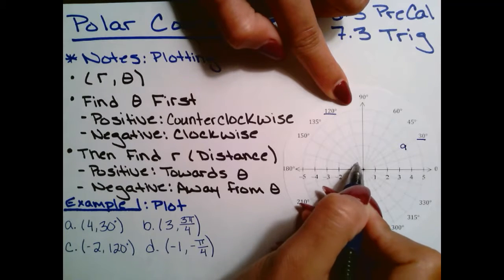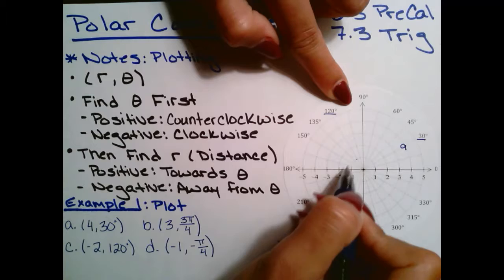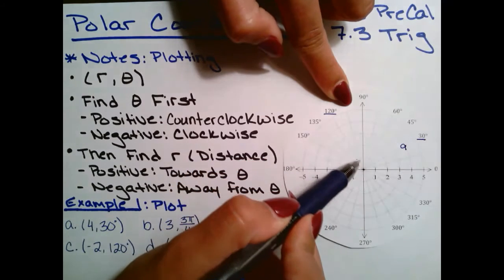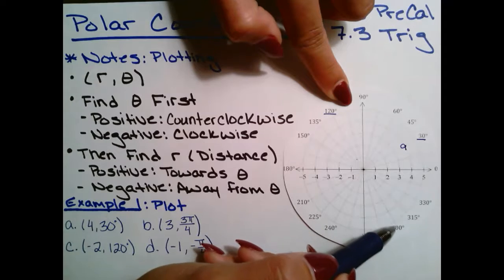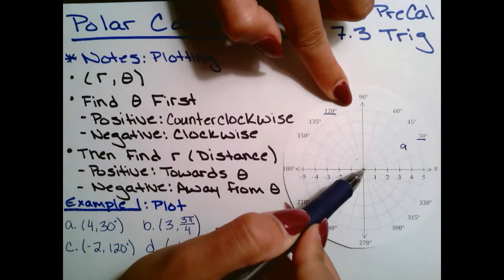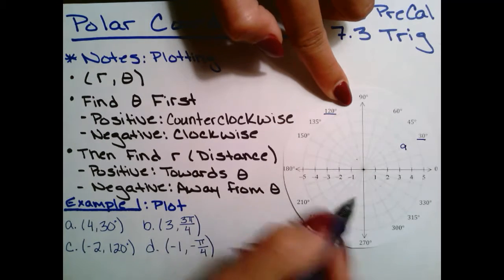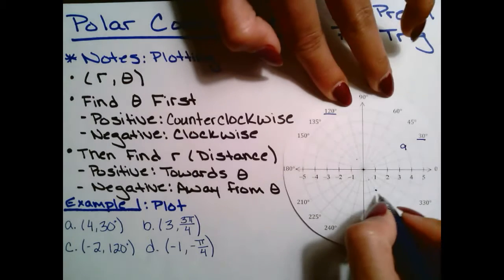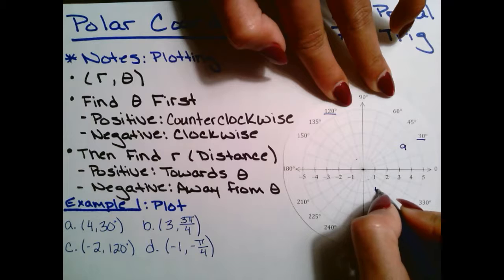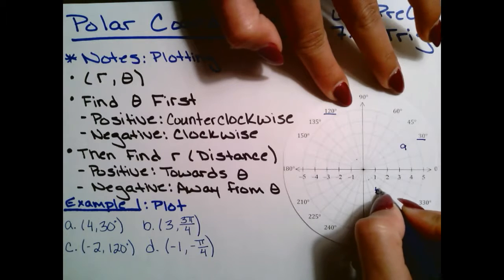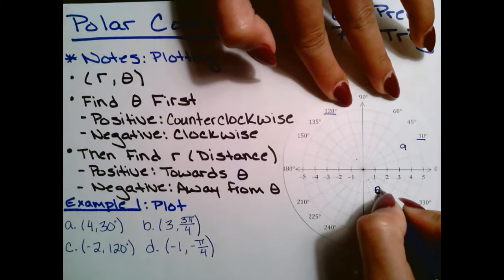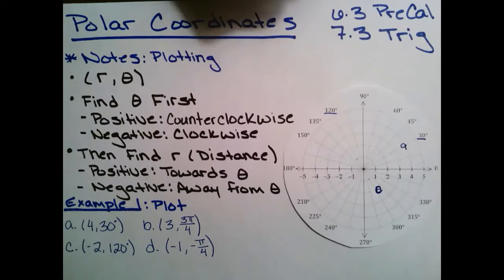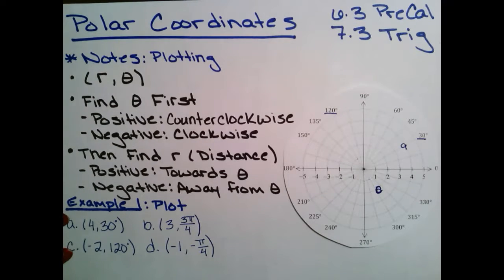Instead of going 2 towards 120, we could see that this 120 degree line also lines up with this 300. So again, instead of going 2 towards, I'm going to go 2 away, and this spot right here would be, oops, I'm sorry, that's C. Okay, so that is A and C.